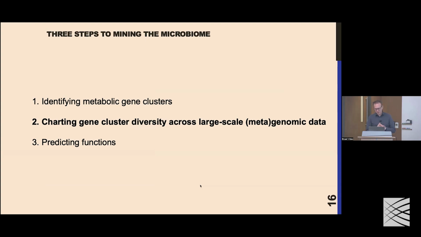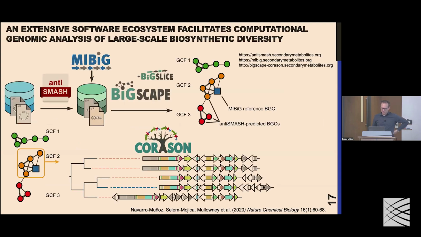That brings me to the next step, which is charting the diversity of these gene clusters. Of course you can identify them in single genomes, but generally we don't work with single genomes, not even with 20 genomes like in 2010, but maybe 20,000 or 20 million genomes. For that, together with international collaborators, we built an extensive software ecosystem of interoperable tools that allow this kind of large-scale analysis.